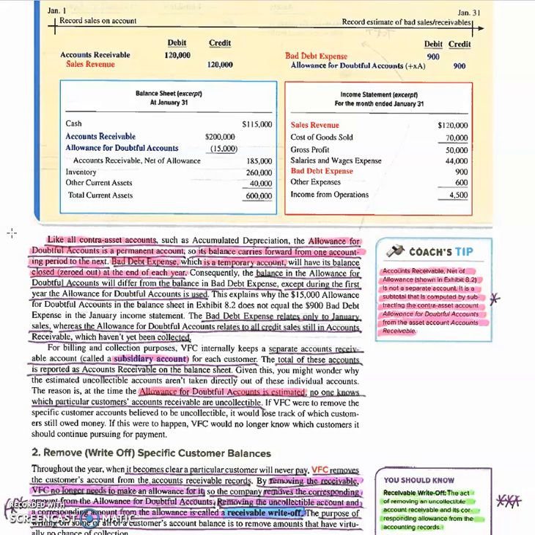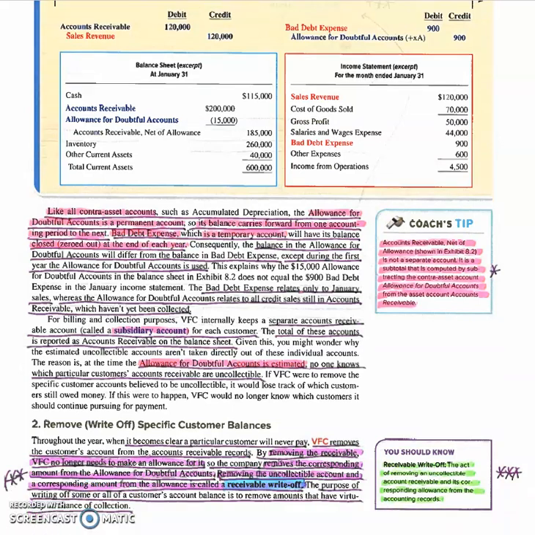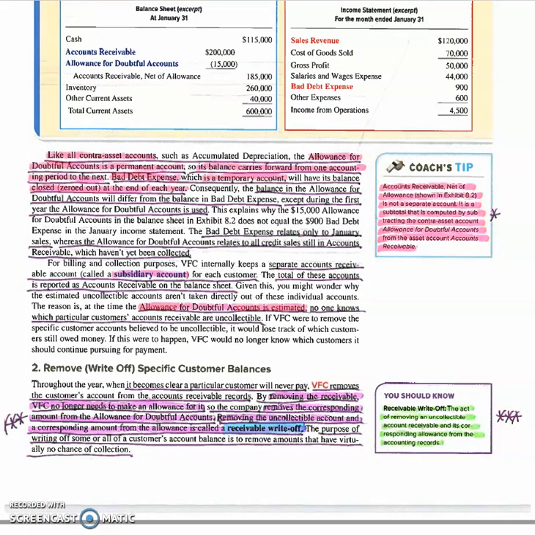Okay? Now, again, remember the allowance for doubtful accounts is an estimate. We are estimating, usually based on history, what we have observed in the past. Then when an individual customer's account proves uncollectible, we have to remove that account. That's called a receivable write-off.